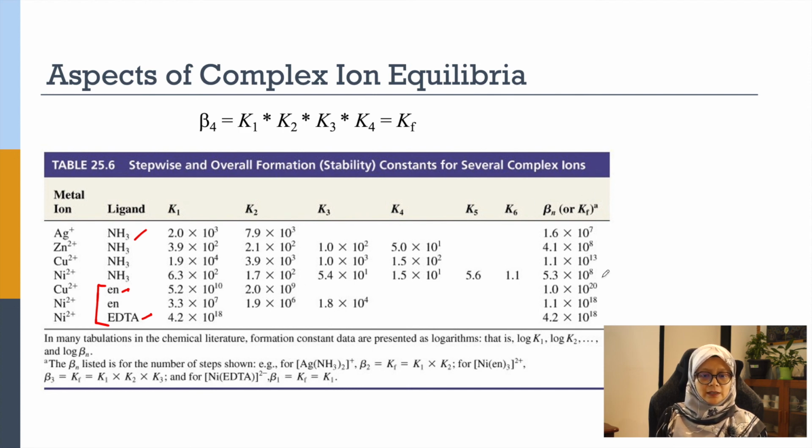The overall values are also larger compared to the monodentate. Why does this happen? Because ethylene diamine and EDTA are polydentate, they have higher stability compared with the monodentate ligands. I will explain a few factors that affect the stability of a complex ion.